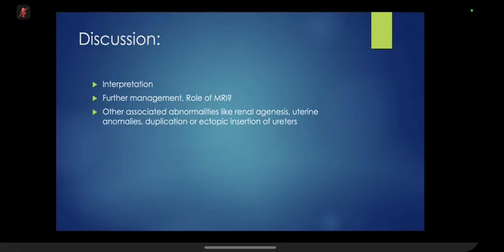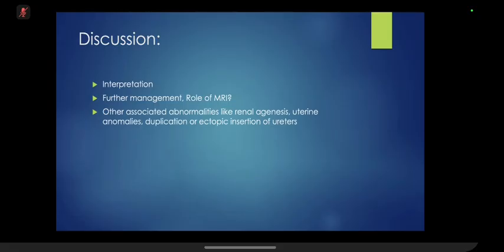Okay, so it is important to think on that line as well, that have they shown you complete abdominal images? What are they expecting from you? So if they did show you one kidney and they didn't show you another kidney, and it's a baby, then immediately think that the baby might be having renal agenesis. And then all the associated findings could be a long scenario in that case also.